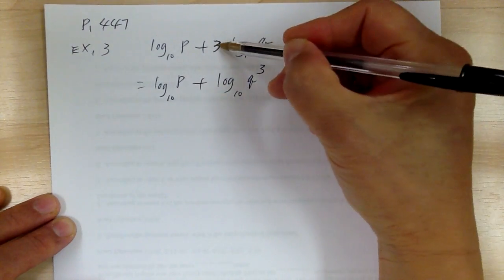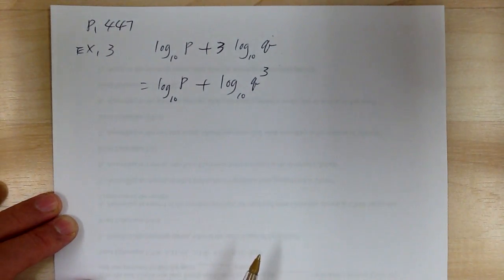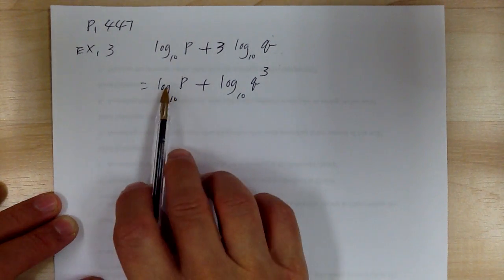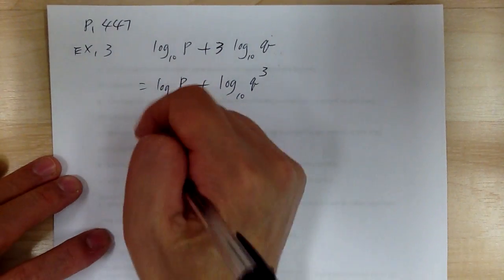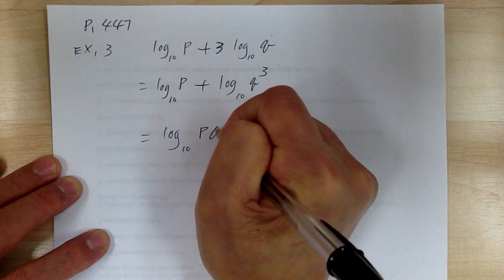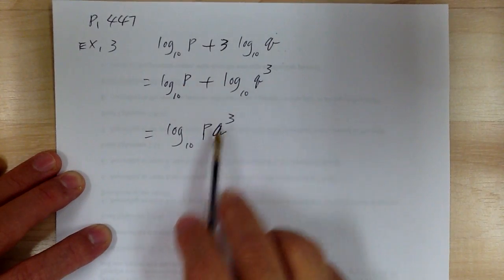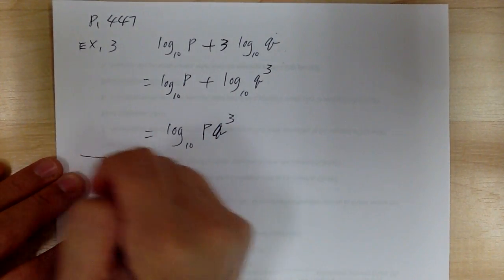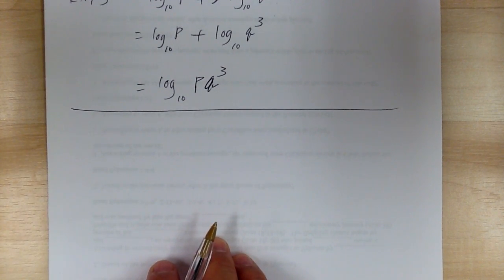So this goes up here. This is the reverse of the log, the number 3. So now you have a log of something with the same base. Now you can bring them together. So this becomes log of p times q to the 3 power. So p times q to the 3 power, and that's it. So it's going to reverse. Now let's go to example 4.